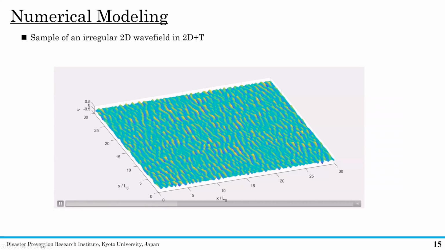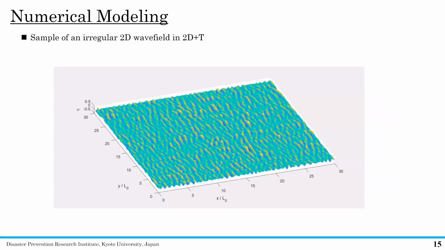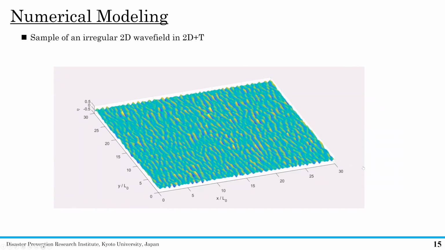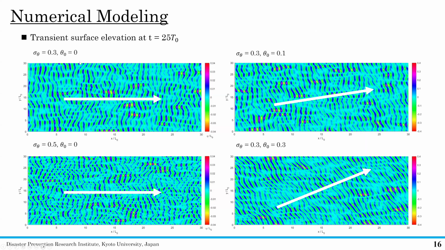Because we consider a very large area, maybe the surface and its directional spectrum are not very significant here. And that is how the incident straight wave has an oblique direction, with oblique angles of 0.1 and 0.3. From the different crest lines, we can see how they have different directional dispersion.